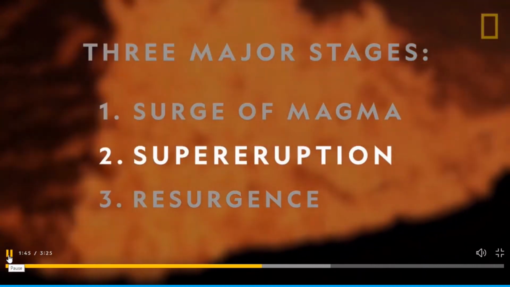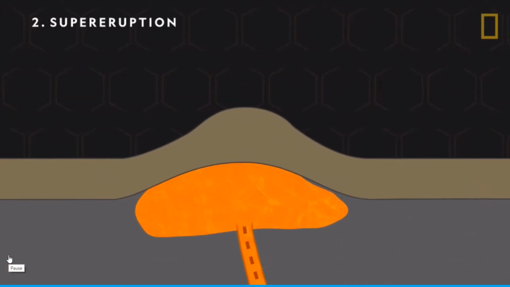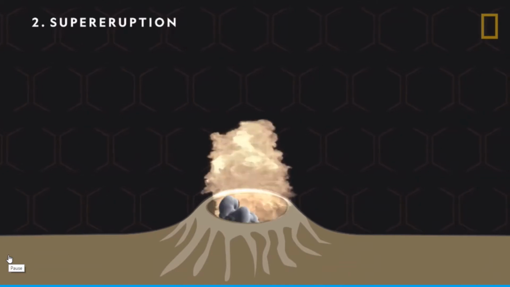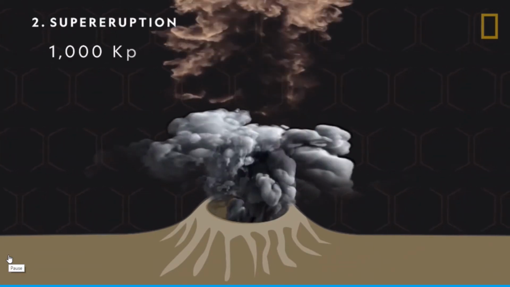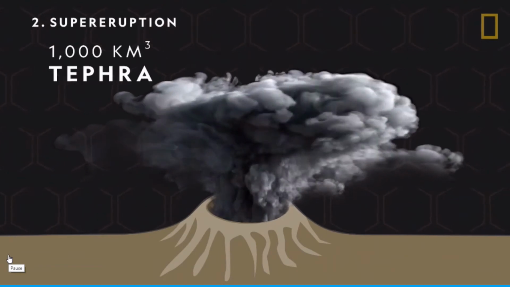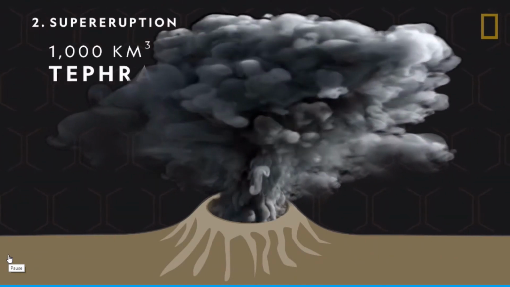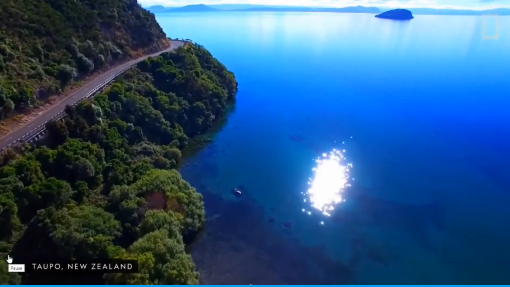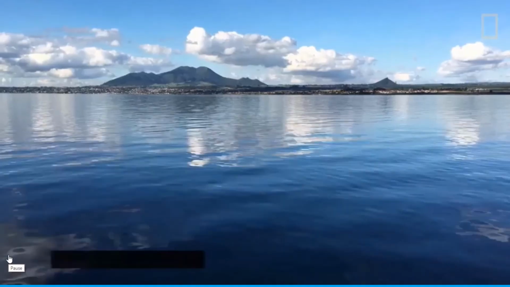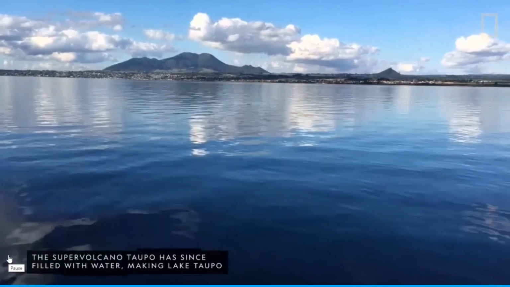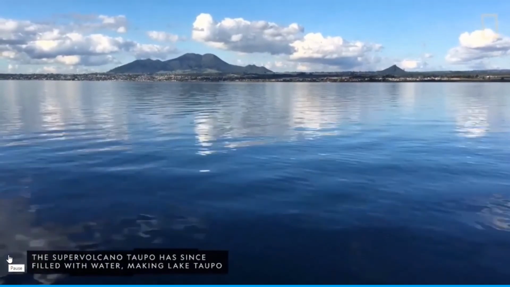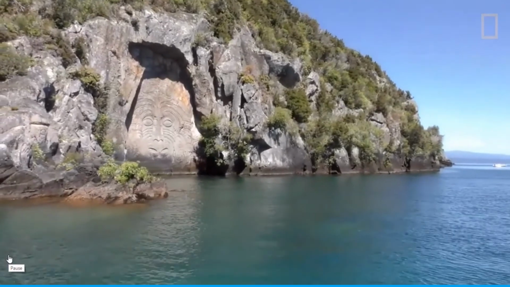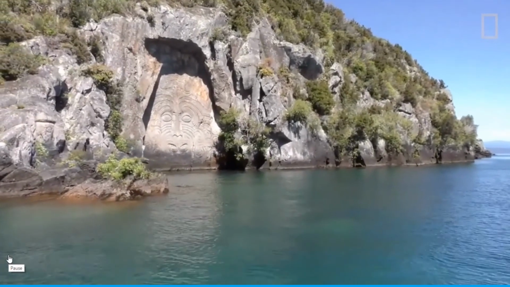Is a super eruption. At this point, the buildup of pressure in a magma reservoir hits a critical mass and then explodes, sending over 1,000 cubic kilometers of tephra, or ash and rocky material, into the sky. The most recent super eruption occurred in New Zealand approximately 26,000 years ago. The supervolcano Taupo ejected about 1,100 cubic kilometers of tephra into the air, enough material to constitute nearly 500,000 Great Pyramids of Giza.